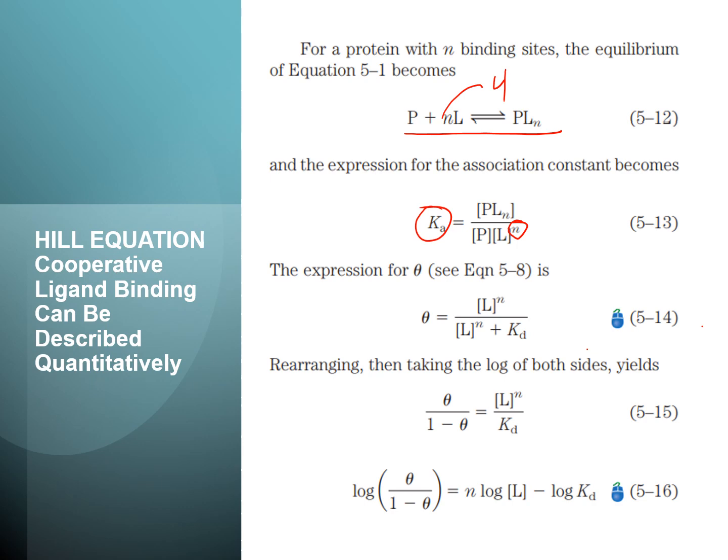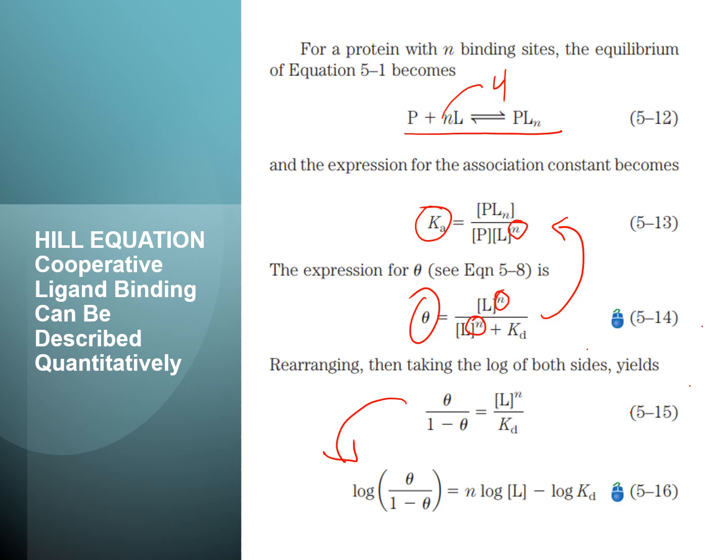Then, if we return to our fractional binding equation, theta, we also have to raise our ligand concentration to the power of N, because we derived this theta equation from the Ka expression. Finally, if we do the math, including taking the log of both sides, we end up with the Hill equation itself.